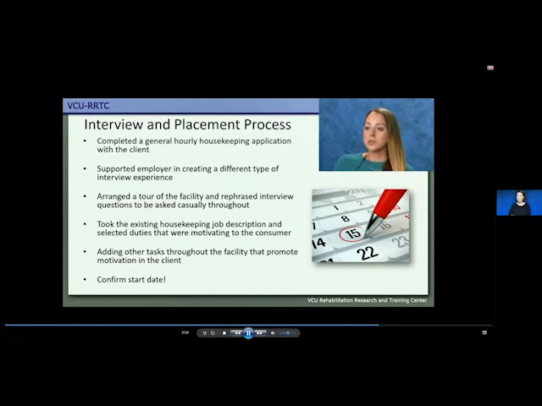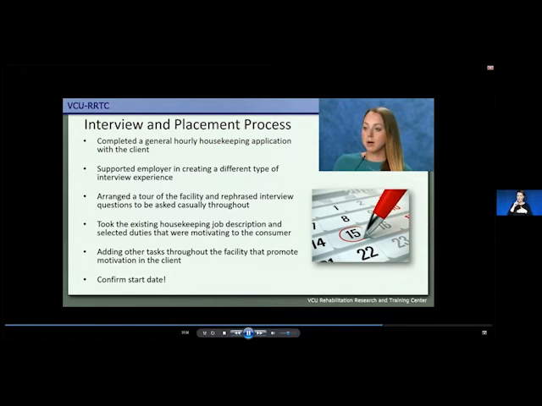So also during this time, while we were waiting for the application to process and going through that onboarding or preparing for the onboarding with human resources, I was working with the employer, the two specific managers that would be overseeing my client, and we were talking about different interview experiences to bring my client into that process and what would be the most comfortable for him, but then also allow them to get the information they need to process through human resources.